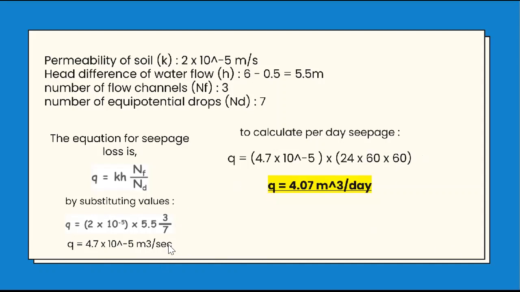We convert the second into minute, then minute into hours, and then hours into days. So 60 seconds, 60 minutes, and then 24 hours. That is equivalent to meter cube per day. So we can arrive at this answer, 4.07 meter cube per day. So that is our final answer.